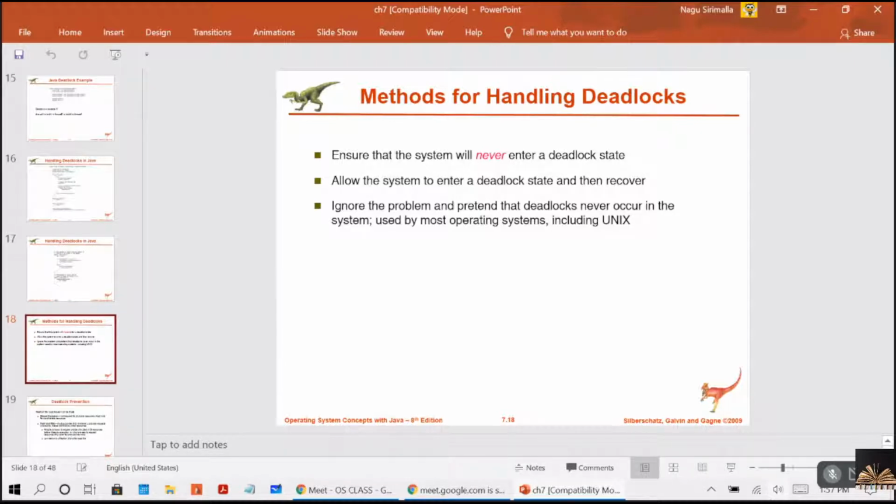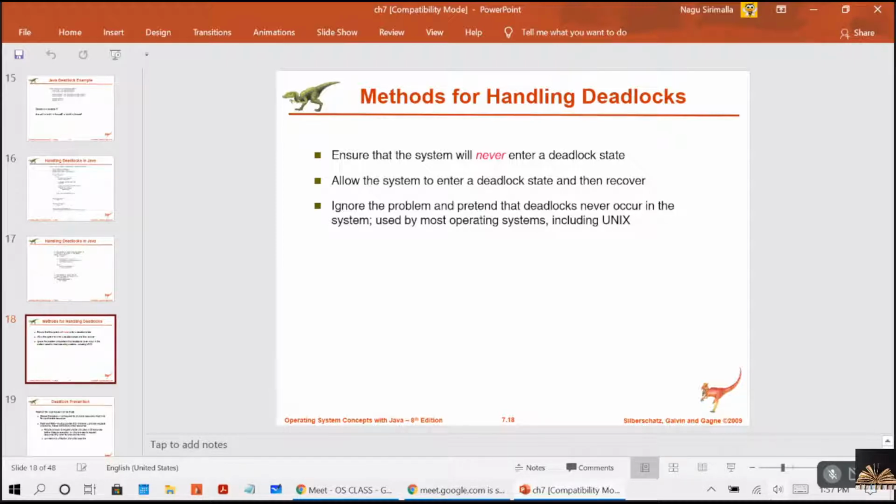Allow the system to enter the deadlock, then recover. You can also do it like this. It entered into the deadlock, right? We are unable to identify it. In a system, a number of resources and processes will be there, and sometimes the system may enter into a deadlock even though we use prevention techniques and avoidance.